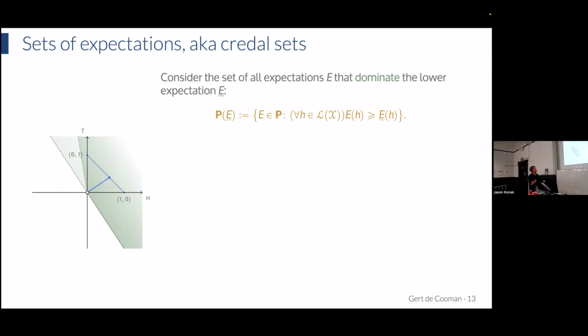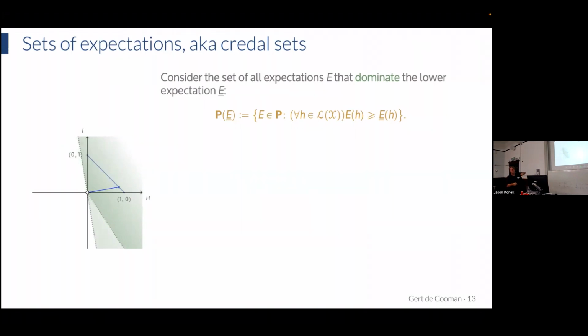So I'm going to look at this point, and now look at another expectation operator that has this property. Again, this semi-plane includes the cone, which means that this condition is satisfied. So I have another expectation operator here, and again, I'm using the projection here. This is the probability mass function, and so on.